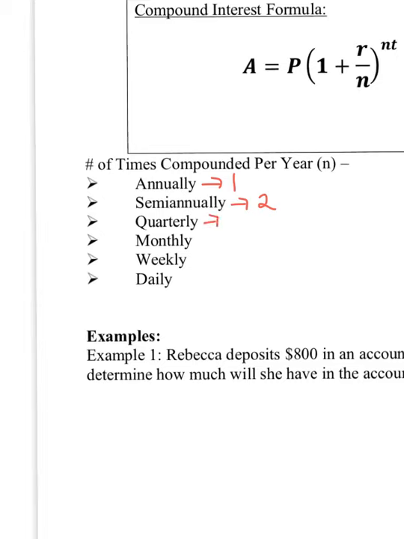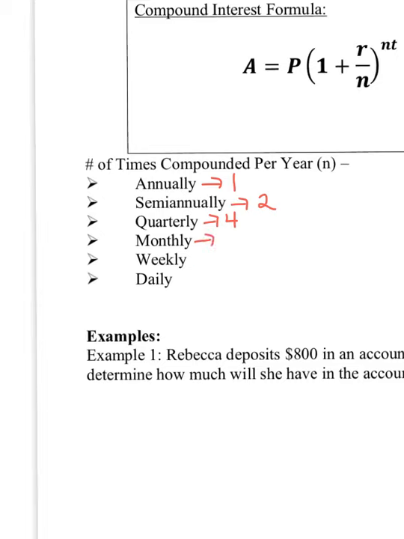Quarterly, there are 4 quarters in the school year, 4 quarters in a football game, 4 quarters in $1. If it says compounded quarterly, it's 4 times. These are the 3 in real life that you're going to see the most: annually, semi-annually, and quarterly.